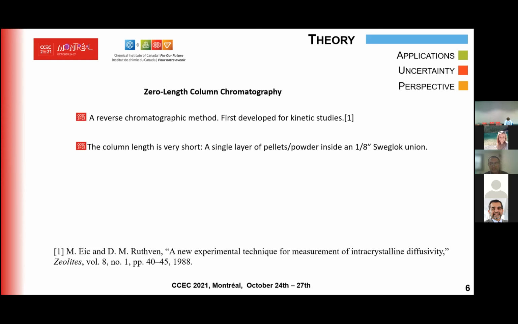It's actually a Swagelok union, where you have a single layer of pellets or powder inside, sandwiched between two sintered plates. Because of the small size, you have negligible mass and heat transfer effects and no back mixing. It's a kind of well-mixed system. Another difference is that ZLC is based on desorption rather than uptake. The desorption curve data are important for us.